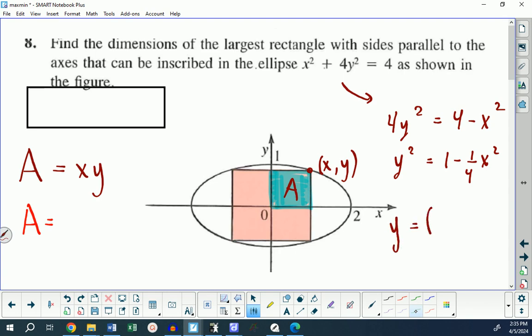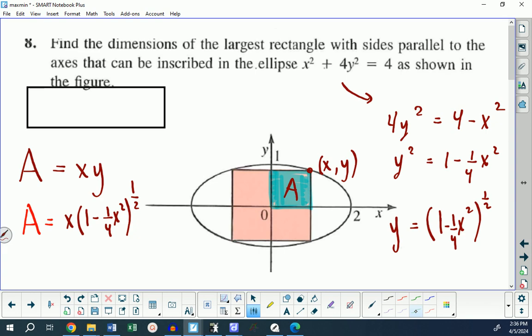So y is going to be equal to 1 minus 1/4 x squared, to the 1/2. Which means this becomes x times 1 minus 1/4 x squared, to the 1/2. And we're ready to differentiate.